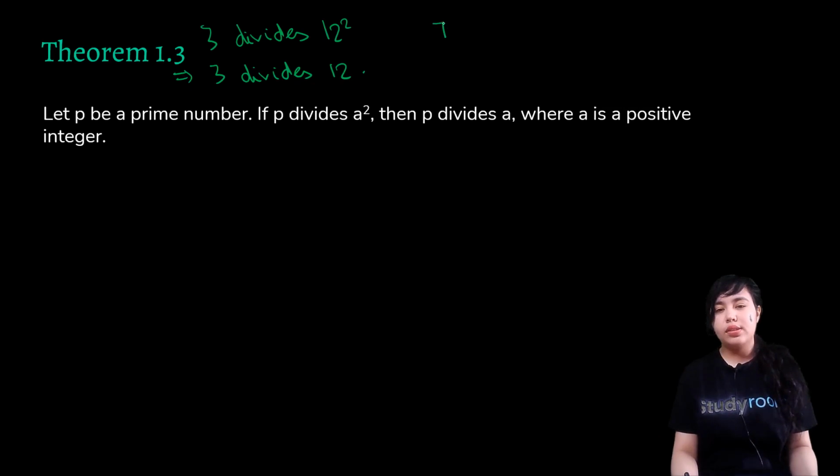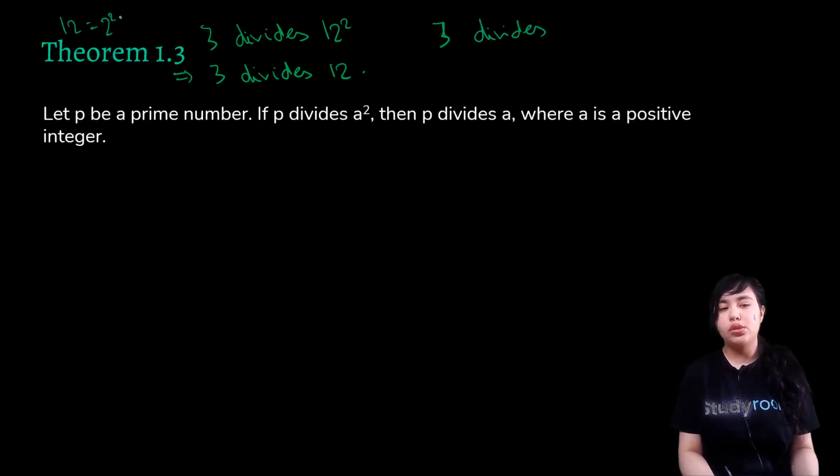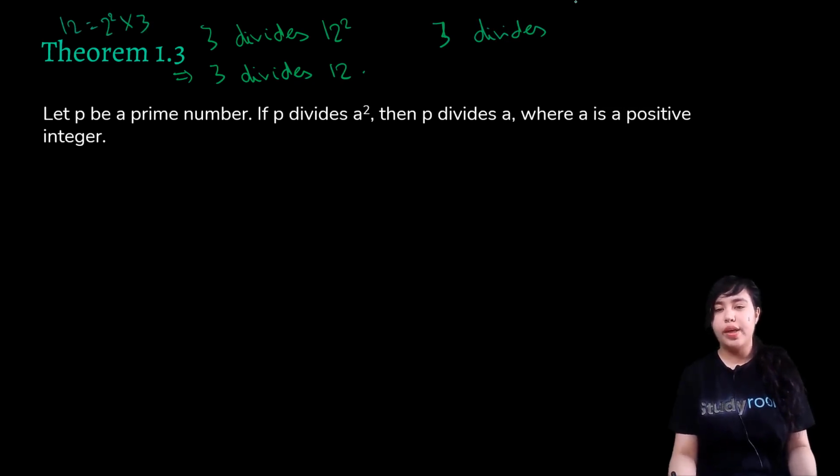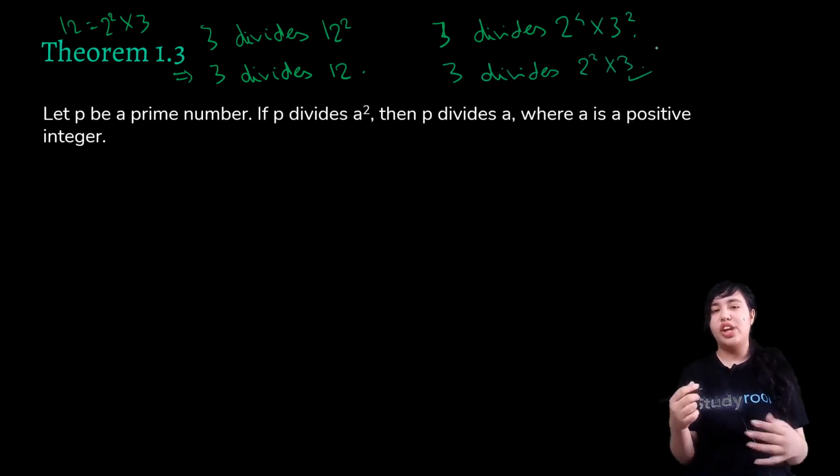So 12 is equal to 2 to the power 2 into 3. If I square it, it becomes 2 to the power 4 into 3 to the power 2. So 3 would divide 2 to the power 2 into 3 as well. Okay, that is what they're trying to say.